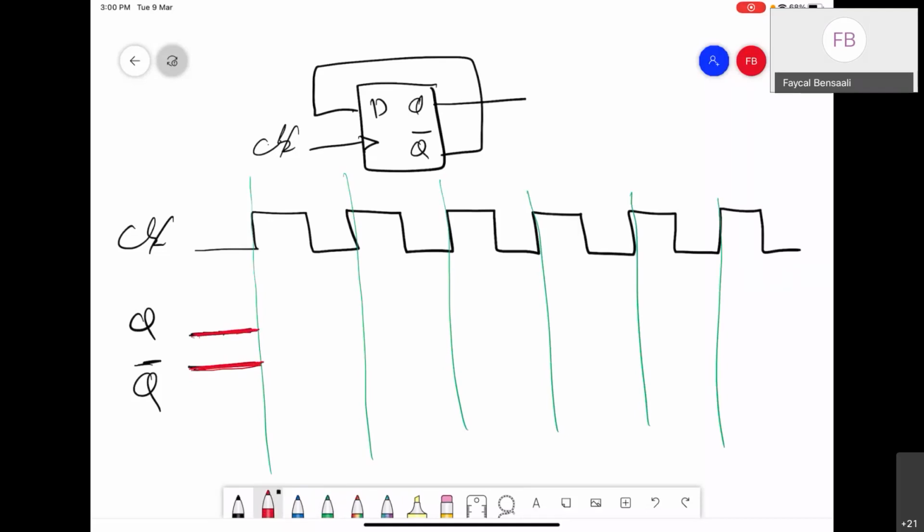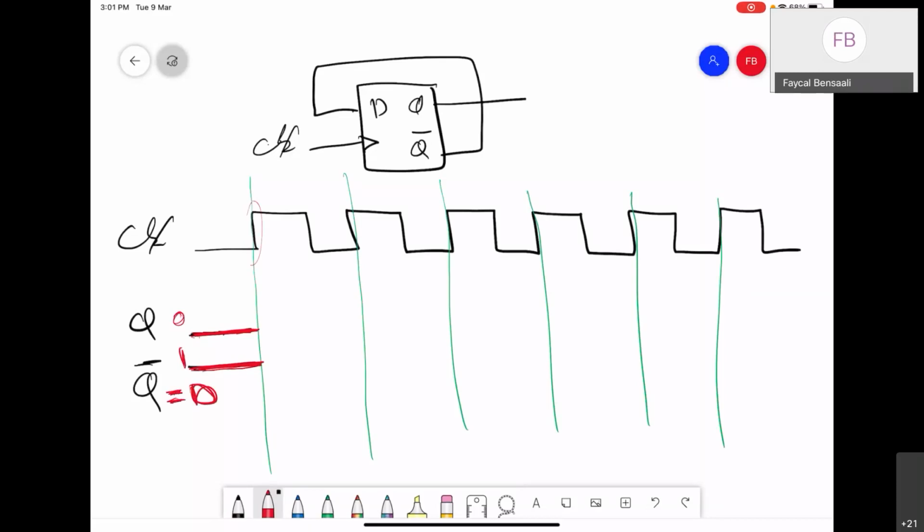It's the same as Q bar. We said that the initial value for Q is 0, and the initial value for Q bar should be 1, right? If Q is 0, Q bar is 1. So D, which is equal to Q bar in my circuit, is 1.